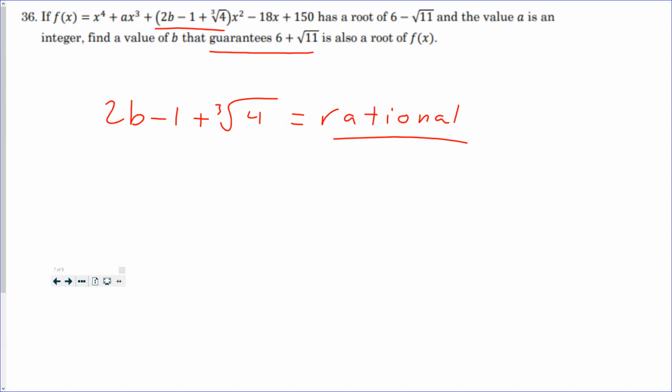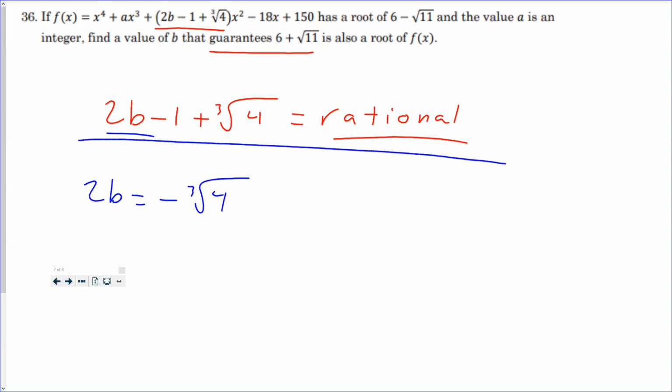The easiest way to do that is to say, what happens if I take 2b and make it equal negative cube root of 4? Because what's stopping this whole thing from becoming a rational number is this cube root of 4, which is an irrational number.